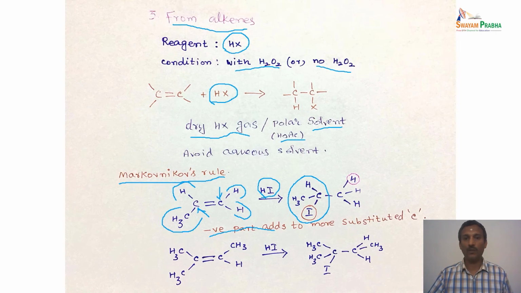So this is the Markovnikov product. If we take another alkene where we have two methyl groups here and one methyl group and a proton on the second carbon, when HI adds to this one, the I minus adds to the most substituted carbon and hydrogen adds to the other carbon. So this is the Markovnikov rule.